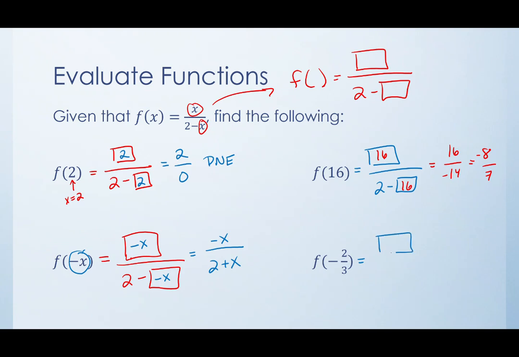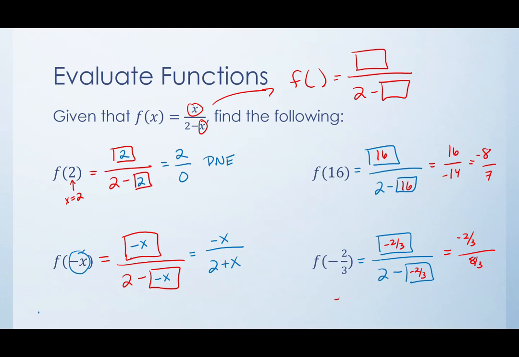So we're going to do the box, 2 minus the box. All right. And we're going to switch back to red. So we've got negative 2/3 over, 2 minus negative 2/3. So we do need to simplify this one. This is 2 plus 2/3, so that's going to be 6 plus 2 is 8/3.